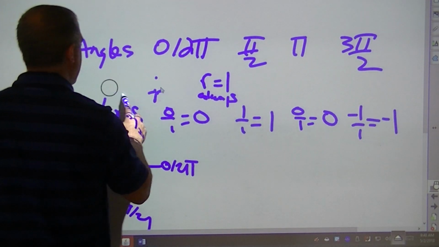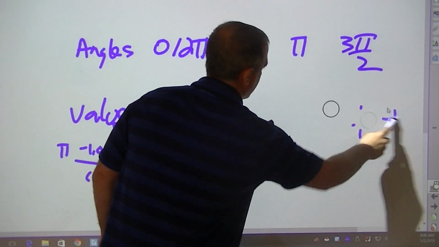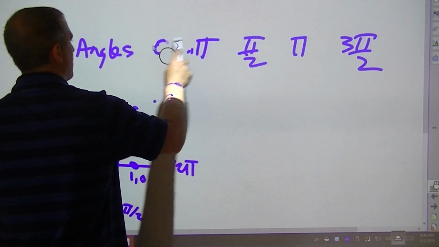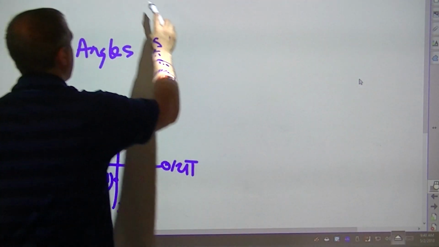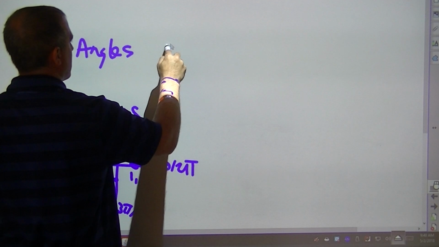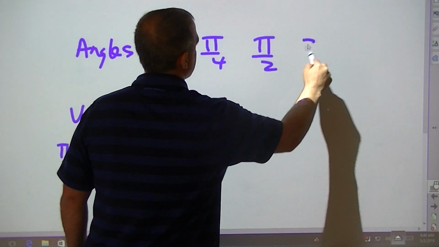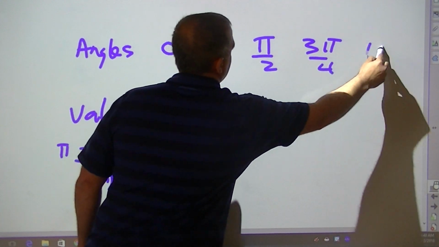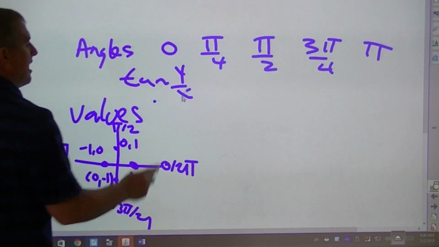Now, when you look at tangent, tangent is a little bit different. For tangent, the period is smaller. So in tangent, we go 0, pi over 4, pi over 2, 3 pi over 4, and pi. For tangent, that would be y over x.